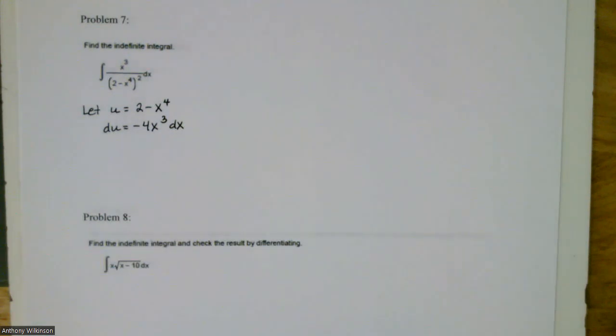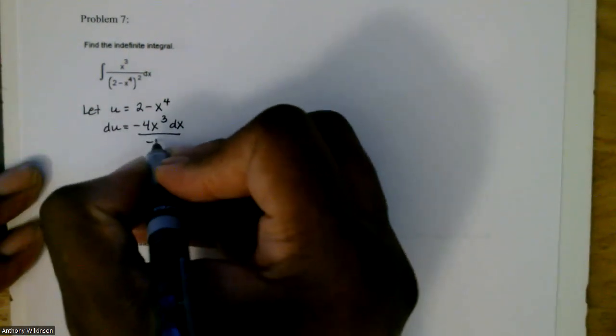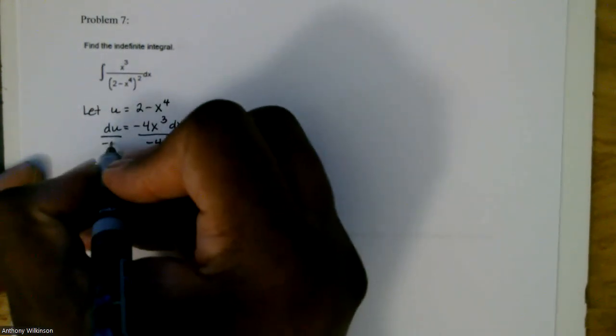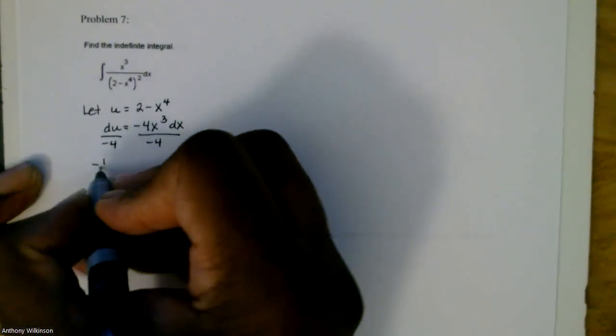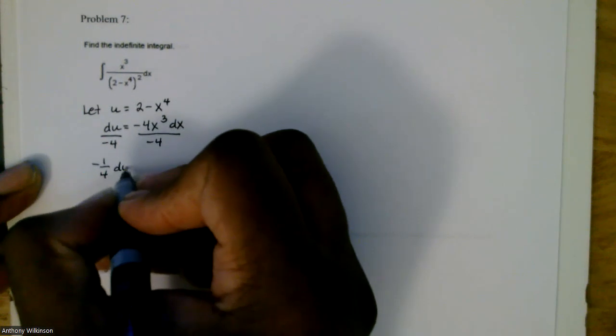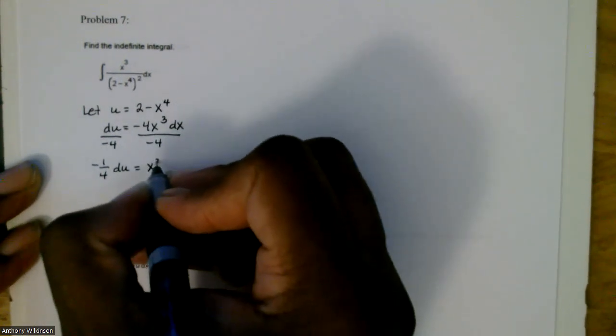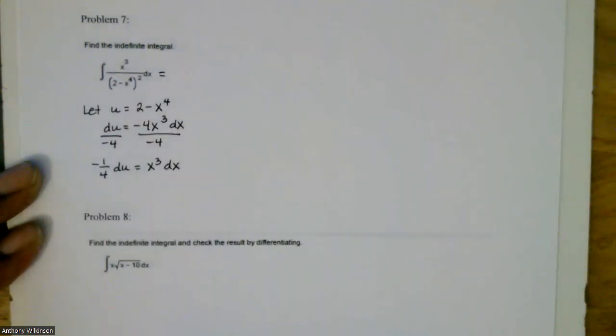So let's solve for x cubed dx by dividing both sides by -4. So I'm going to have a -1/4 du is equal to x cubed dx. All right, so now let's do the substitution here.